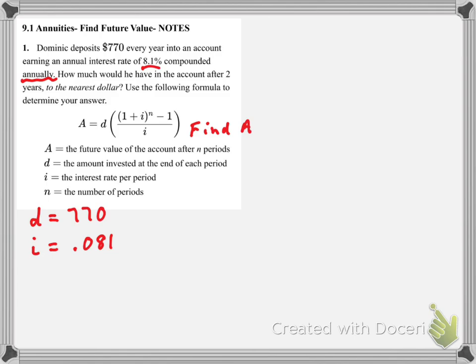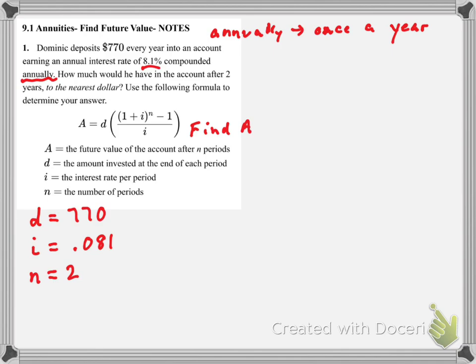And then N is the number of periods. It's compounded annually, so annually means once a year. So in 2 years, it would compound twice because it's only once a year. So N is 2.